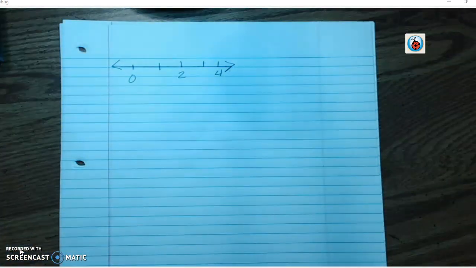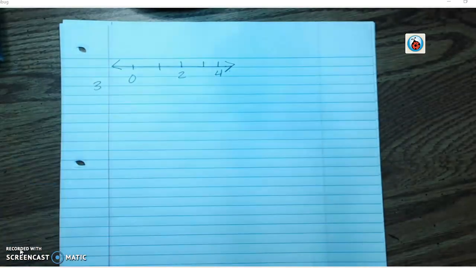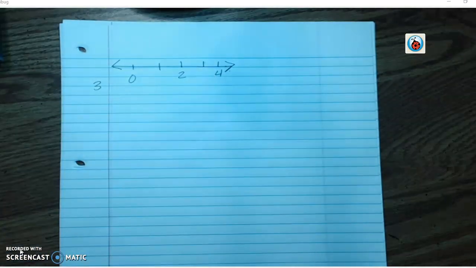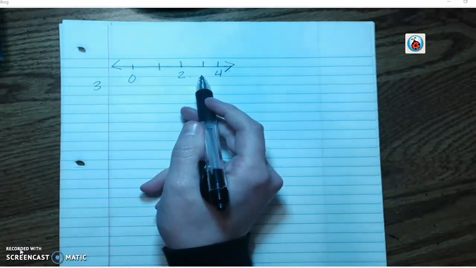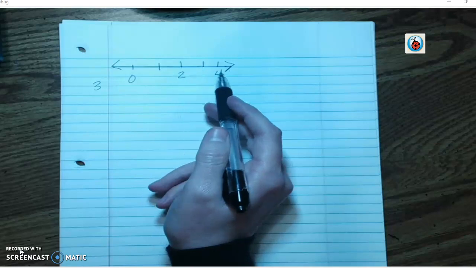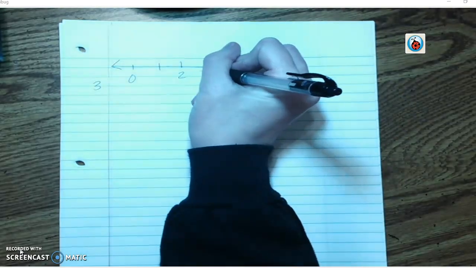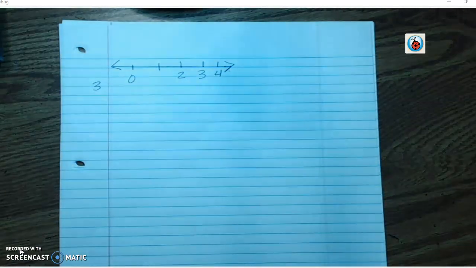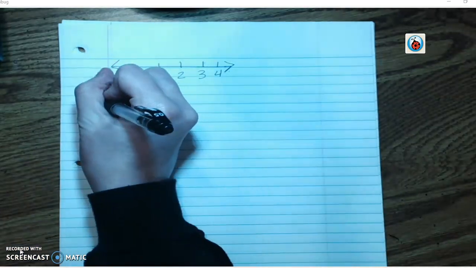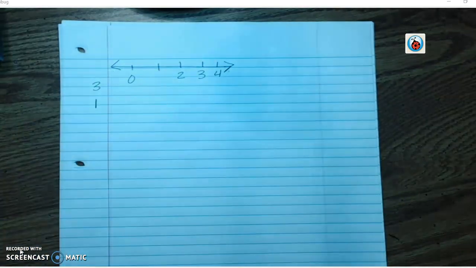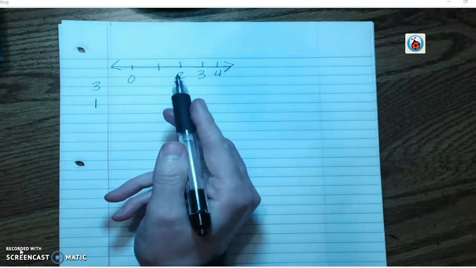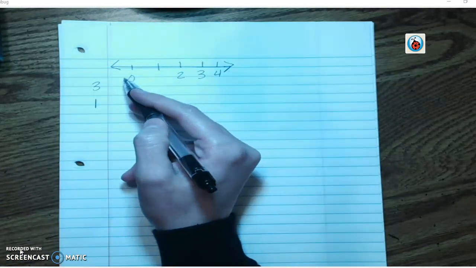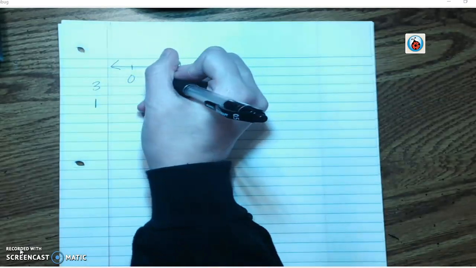If I wanted to find where 3 would go on that number line, I would count 0, 1, 2, 3, and so this tick mark between 2 and 4 would be where 3 would go, right? Also, if I was given the number 1, I would do the same thing, counting 0, 1, 2. So where this tick mark is between 0 and 2, my number 1 would go.